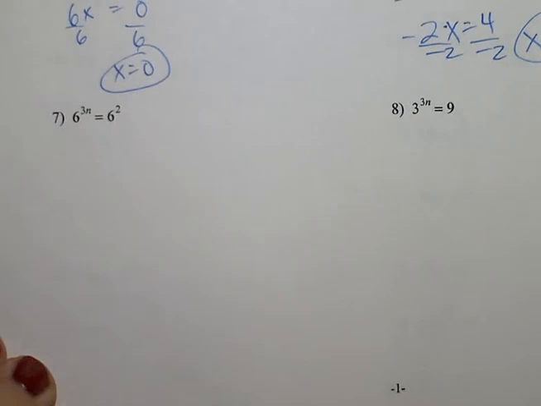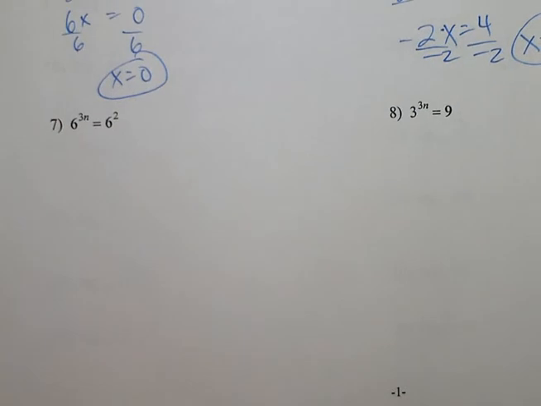With your partner, only choose one of them and only do one problem, 7 or 8. Then look up above and check your answer. So with your partner right now, choose one. You both will do the same problem together.